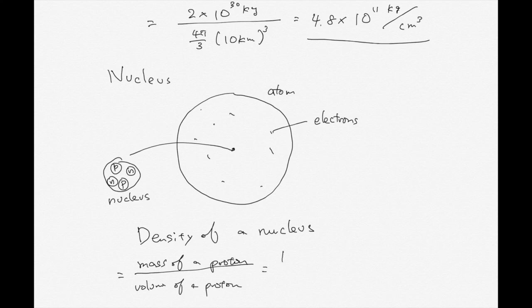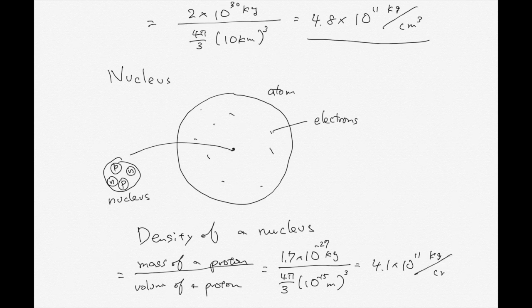So it becomes 1.7 times 10 to the minus 27 kilograms, this is the mass of the proton, divided by 4 pi over 3. The size of the nucleus is 10 to the minus 15 meters, femtometers. Then it becomes 4.1 times 10 to the 11 kilograms per cubic centimeter.